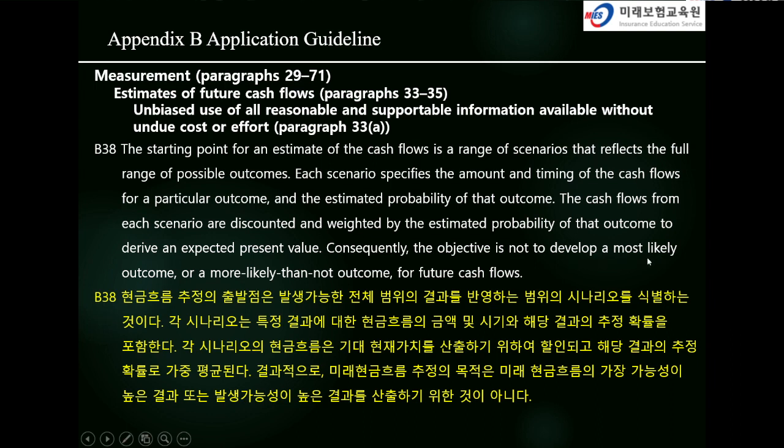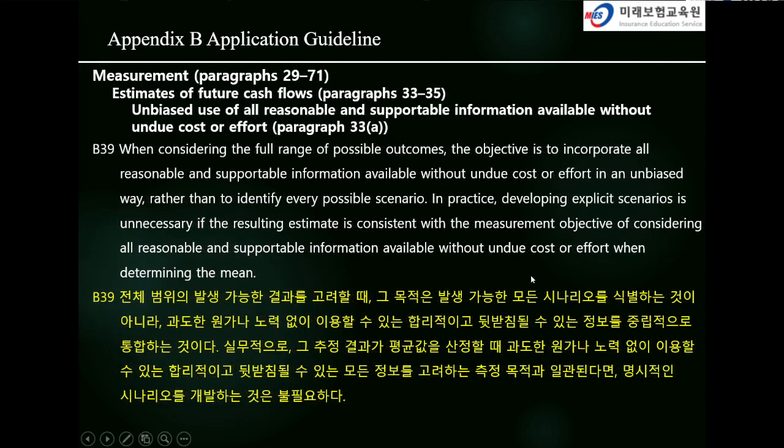Probably people say best estimate, and you cannot find the best estimate of a liability in the standards. A most likely outcome, or a more likely than not outcome, right? So what it says is that it's not to come up with a point estimate above the scenario generation.